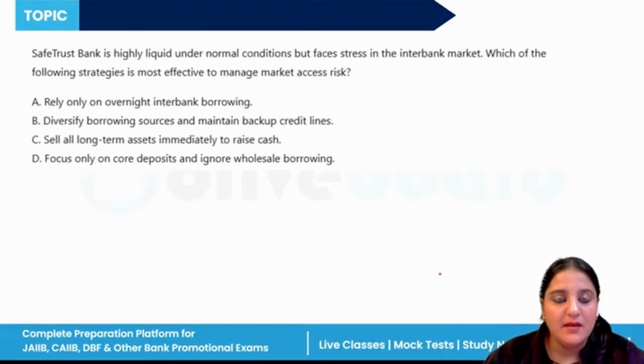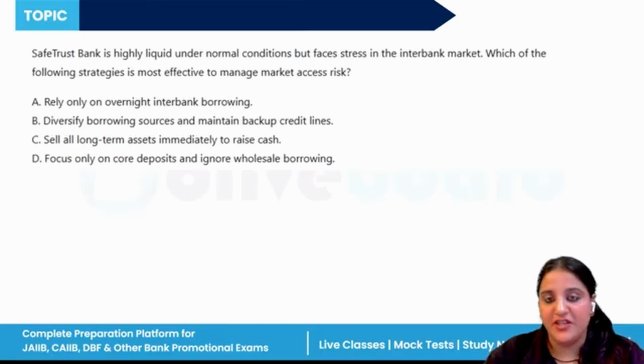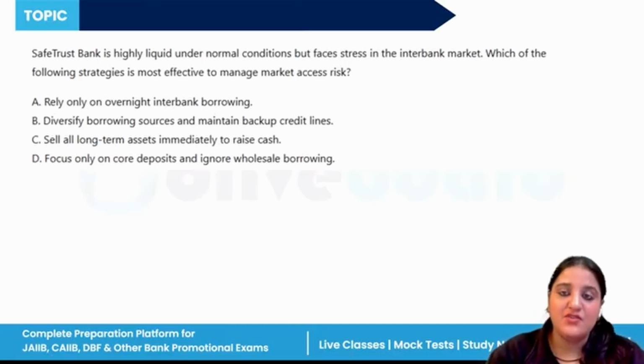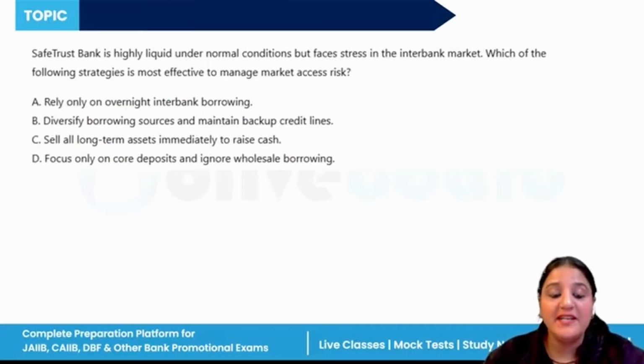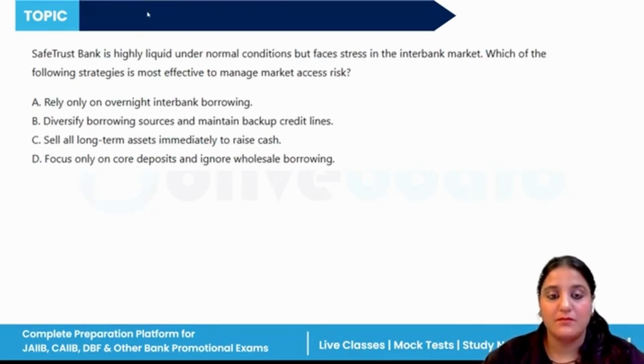The next question is saying, Safe Trust Bank is highly liquid under normal conditions, but faces stress in the interbank market. So, which of the following strategies is most effective to manage the market access risk? See, managing market access involves ensuring that the bank can obtain funding from various sources under normal and stressed conditions.